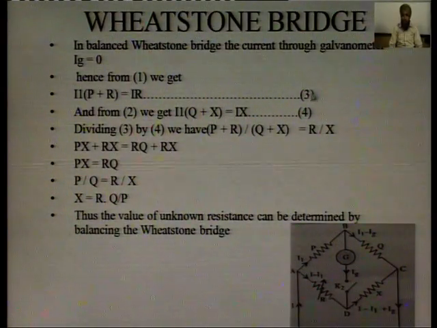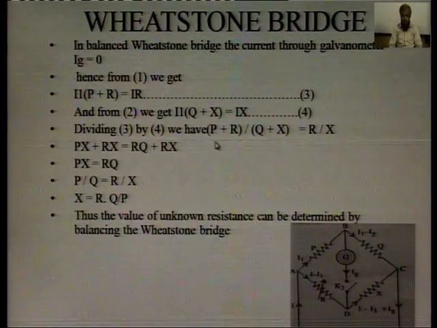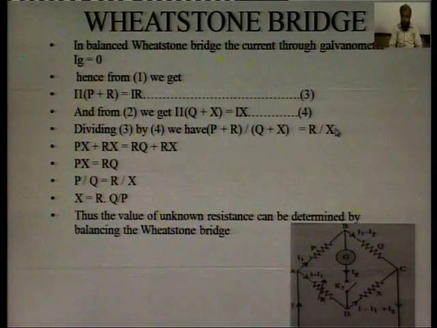Dividing equation 3 by 4, we have (P plus R) by (Q plus X) equals R by X. The I1 and I1 will cancel out, I and I will cancel out.